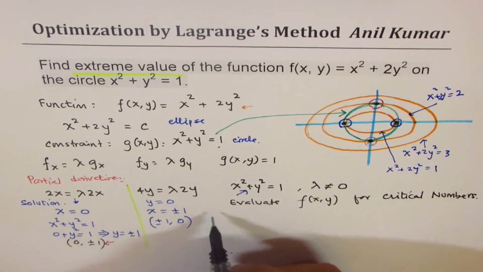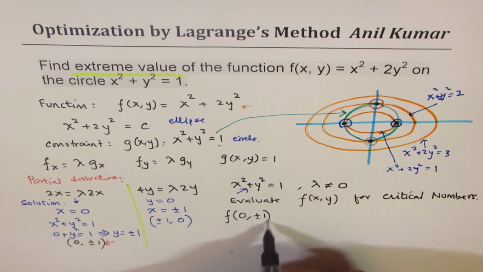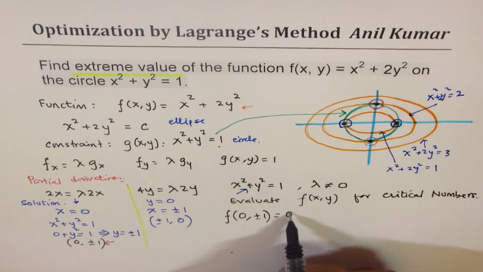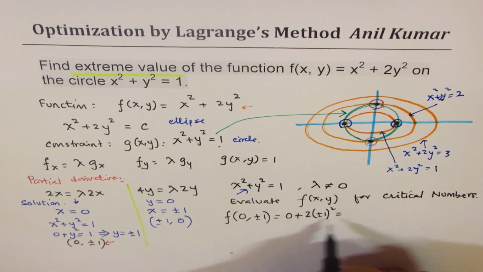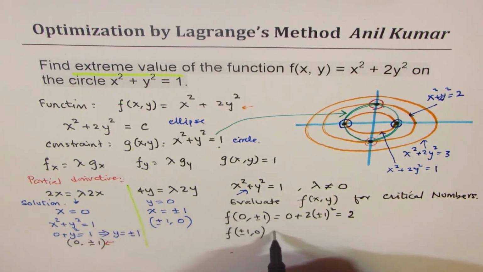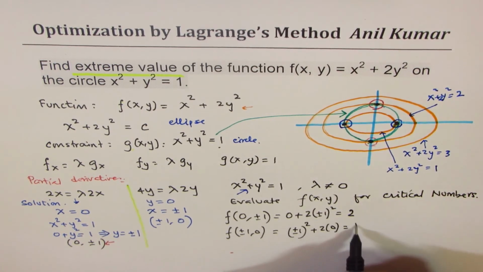So for the first case, if I write f of 0 plus minus 1, and substitute 0 plus minus 1, I get 0 plus 2 times plus minus 1 whole square. That gives me a value of 2. If I substitute plus minus 1 and 0, the other set of points, I get plus minus 1 whole square plus 2 times 0, which is 1.